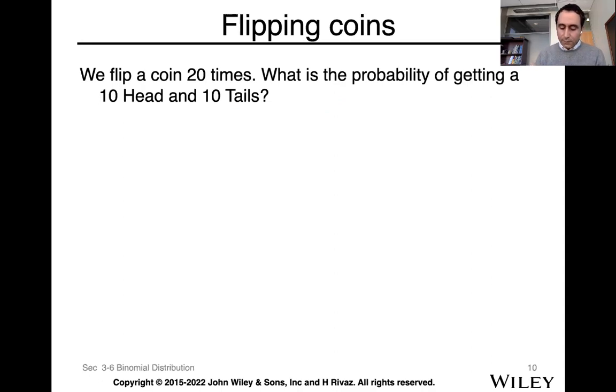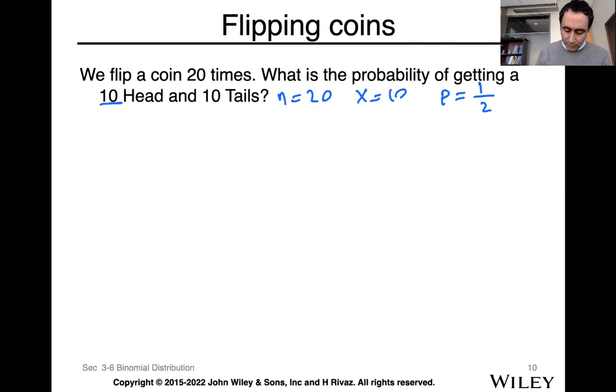So we flip a coin 20 times. What's the probability of 10 heads and 10 tails? So that means that n is 20. X is 10. In this case, it doesn't matter what we define as success because head and tail are equally likely. So X is 10 and p, the chance of success, is 1 divided by 2, right? So that's it.